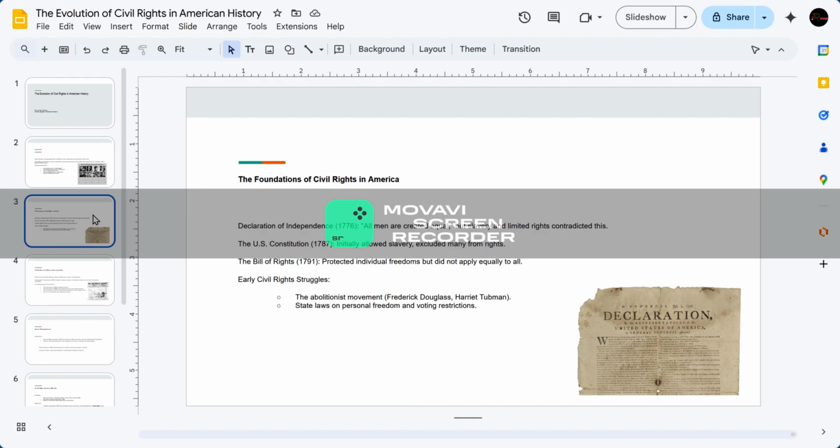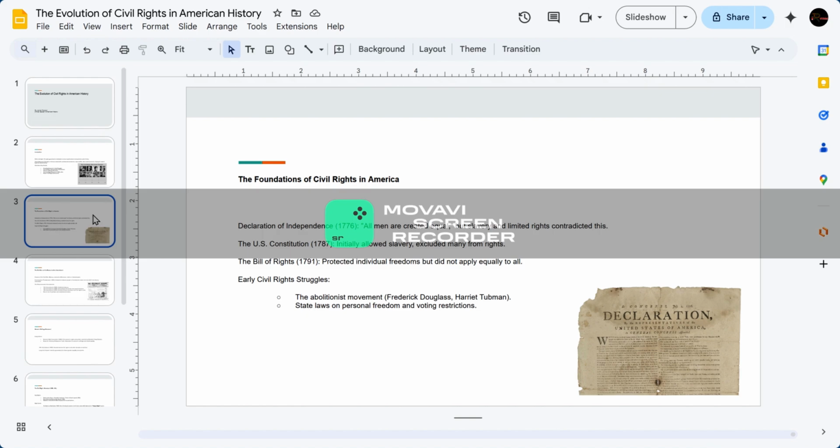Now on the second slide, I have a picture of the Declaration of Independence. The foundation of civil rights in America began with the nation's founding documents, referencing obviously the Declaration of Independence. However, the rights were not extended to all people initially, and abolitionist movements fought to expand these rights.